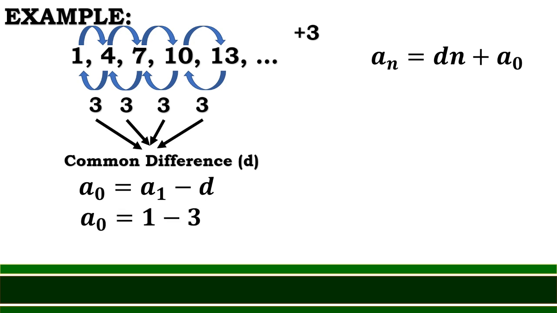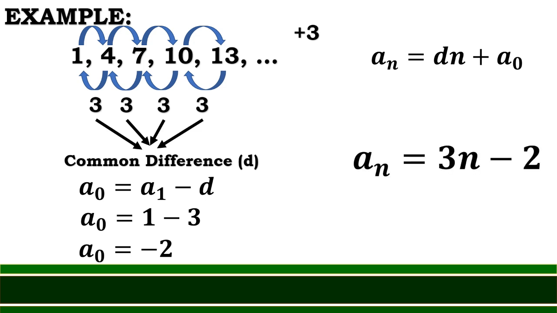So you have 1 minus 3. Therefore, a sub 0 is negative 2. Now, the general form for this sequence will be a sub n is equal to 3n minus 2. Minus 2 kasi the a sub 0 is negative 2.